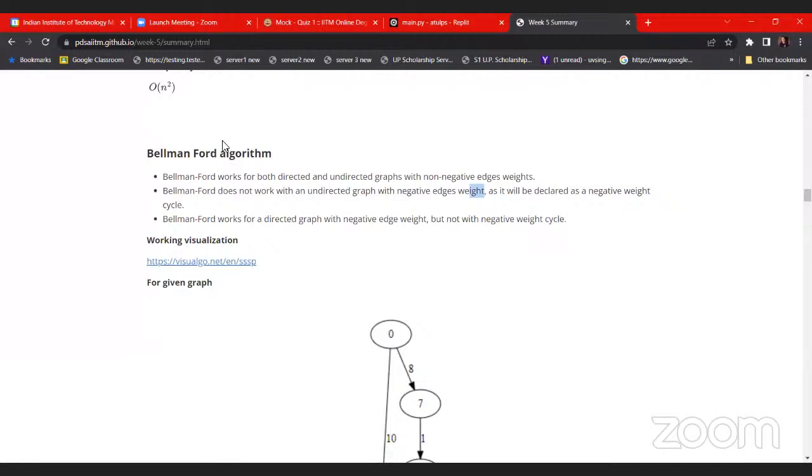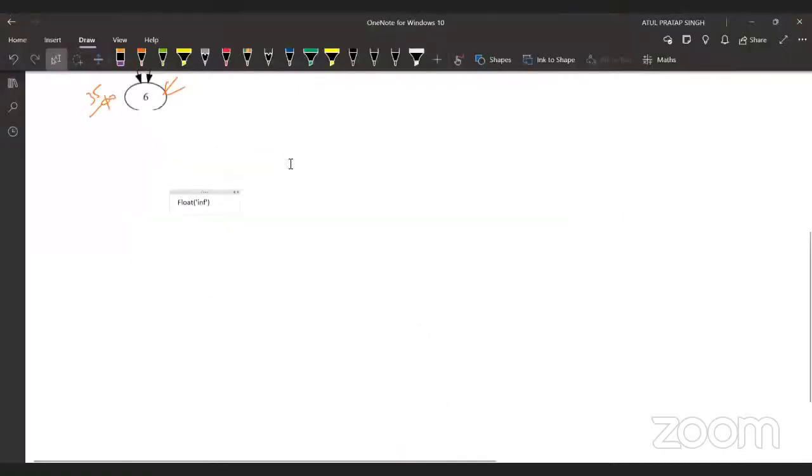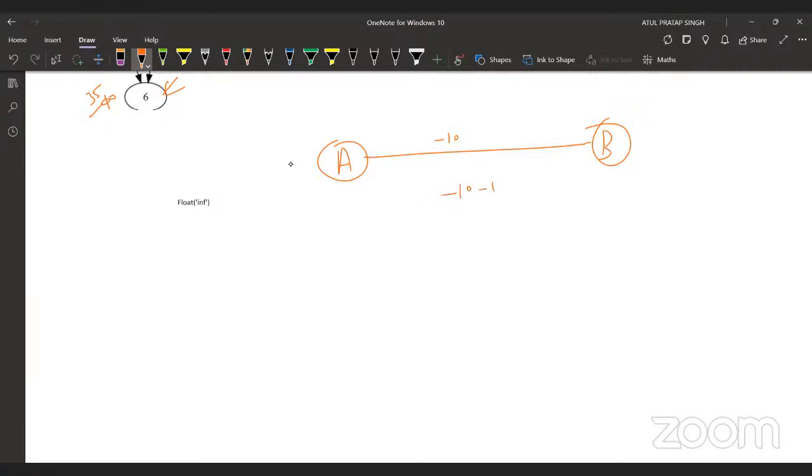For an undirected graph, a negative edge weight is also considered a negative weight cycle. For example, if you have a node A and a second node B, and this is an undirected graph, and if this edge contains a negative value, we can say that it also contains a negative weight cycle, because we can move from A to B, then come back from B to A. So the total distance becomes minus 10 minus 10, that is minus 20.